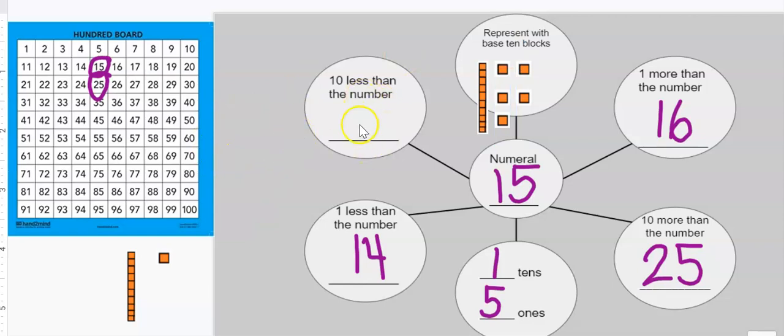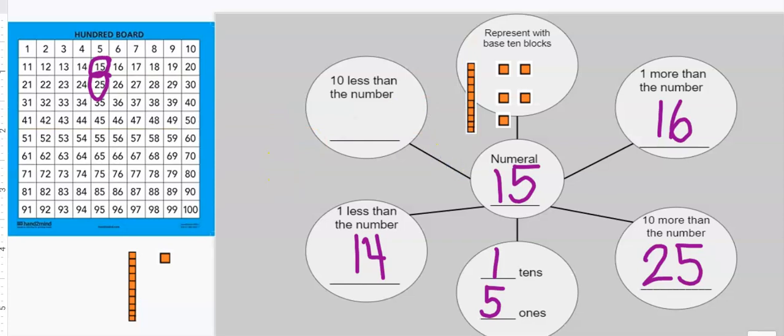Okay, now it wants to know 10 less than the number 15. So if I took 10 away, I have 10 less. What am I left with? That is correct. I am left with 5.